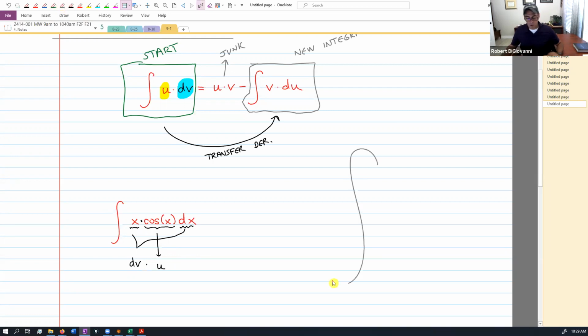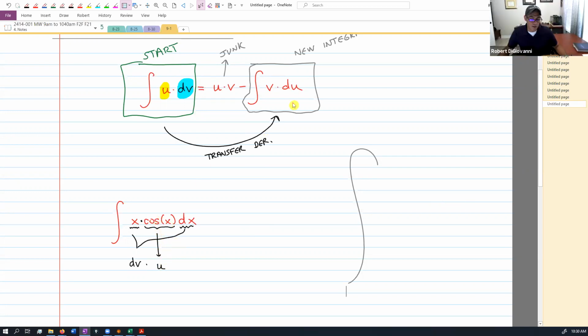In the new integral, we're going to have the derivative of u, and we're going to have the antiderivative of this thing. So what would the derivative of u be in this new integral, if u is cosine x? What have I chosen to be u? Cosine x.